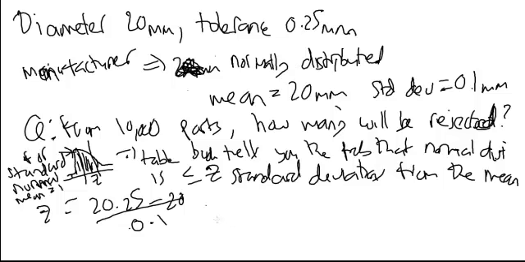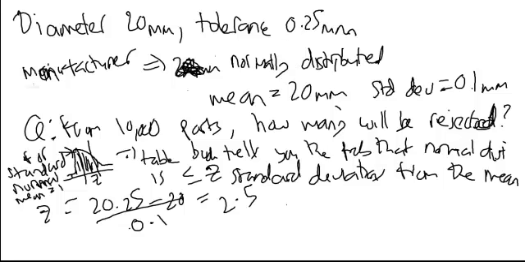I want to see the probability that the things I manufacture are 0.25 millimeters away from the mean, because that's my tolerance. If I do that, I'm looking for variations which are greater than 2.5 standard deviations.